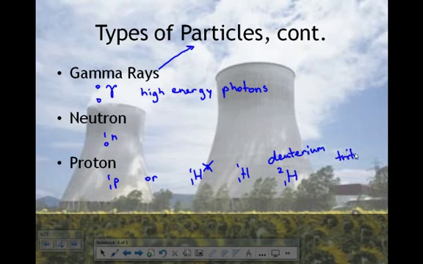Tritium is the type of hydrogen with a mass number of 3. So we have 2 neutrons and 1 proton for a total mass number of 3. And of course only 1 proton, or it would no longer be hydrogen. So that's what makes up tritium and deuterium. And these are pretty important products when we're looking at nuclear reactions.